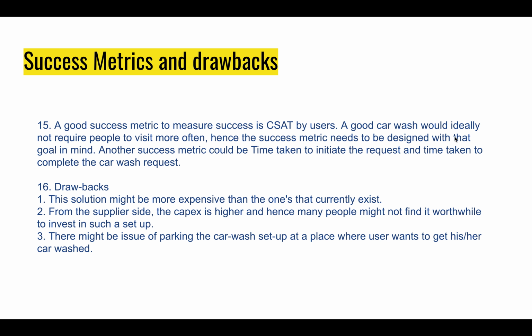A good car wash would ideally not require people to visit more often. That's what I discussed earlier in the video regarding monetization. Hence, the success metric needs to be designed with that goal in mind. Other product health metrics could be the time taken to initiate the request and the time taken to complete the car wash. Just shows how the product is performing, or product health in general.